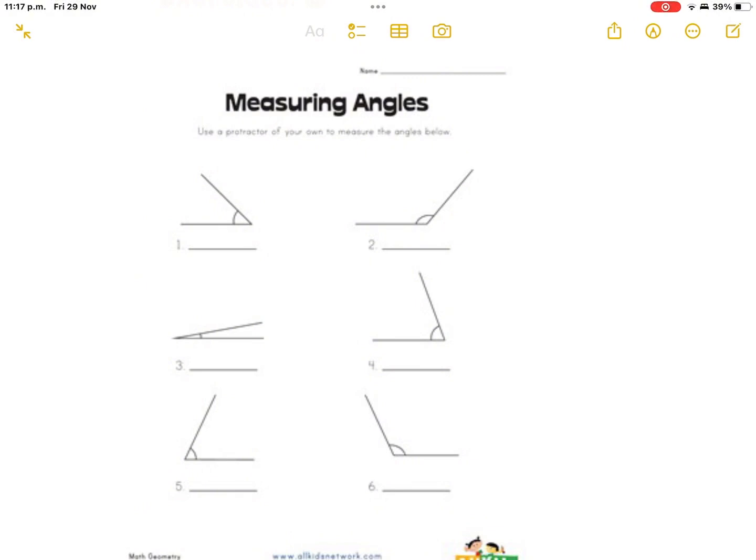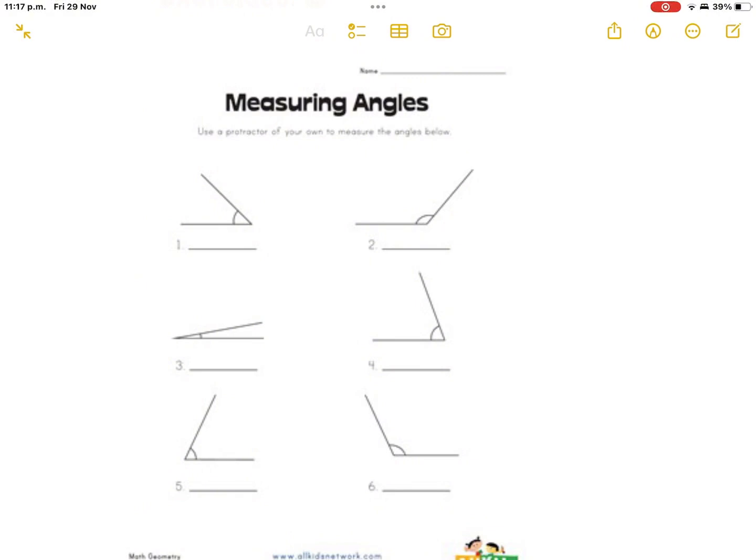The first angle, after measuring it with a protractor, we can know it's an acute angle because it measures 47 degrees. The next exercise, number 2, is an obtuse angle. It measures 130 degrees.